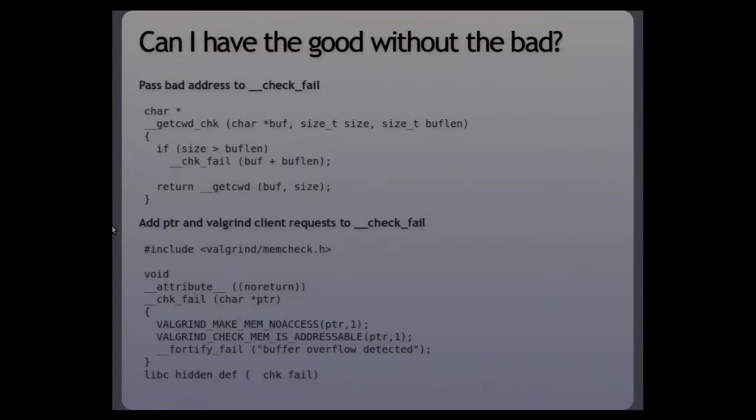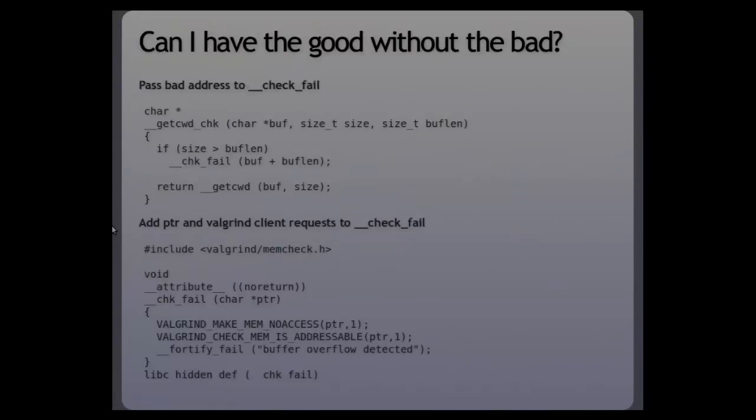So that's basically a simple change in checkval. We say, okay, something bad happened and it was there. And then we either overwrite checkval or we annotate checkval to make valgrind aware of the issue.